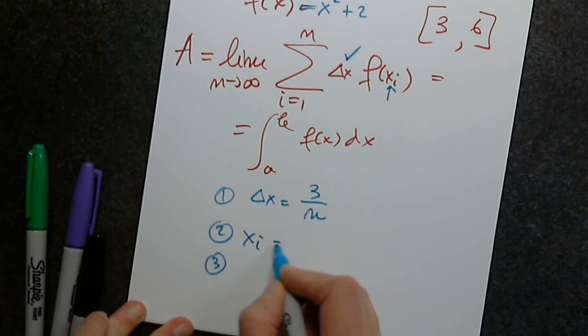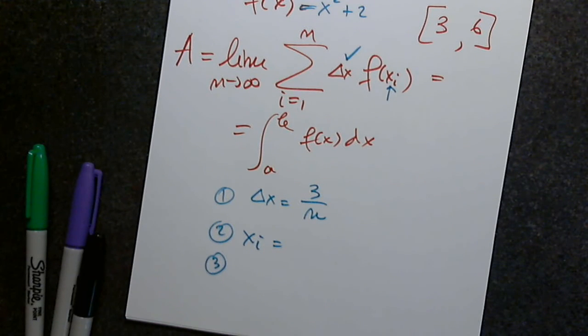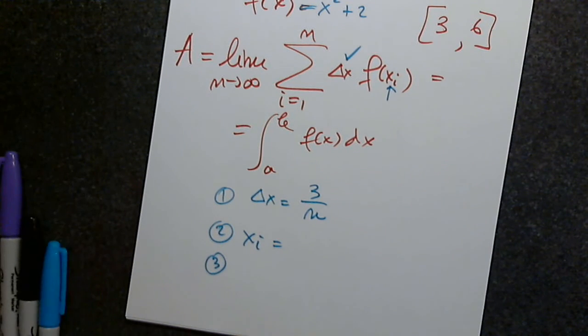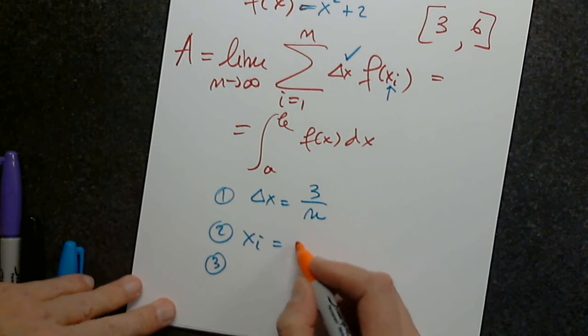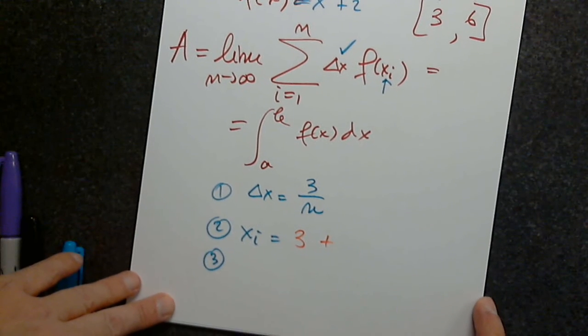So I need xi. We start at 3. And we want somewhere to have xi. What is xi? What does xi equal to? Equals 3 plus how many delta x's?